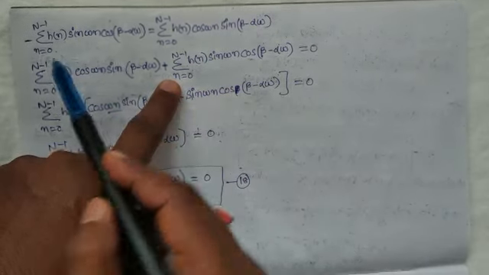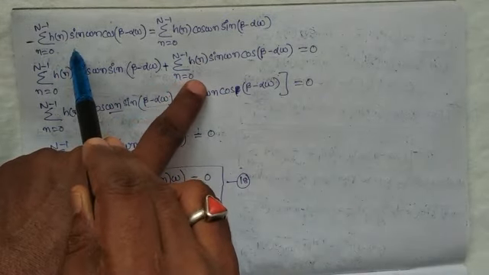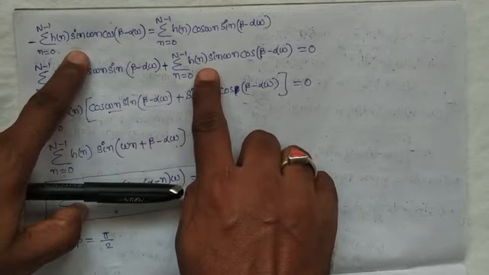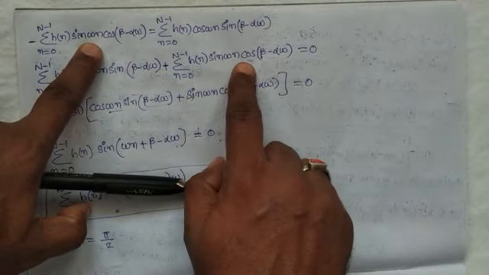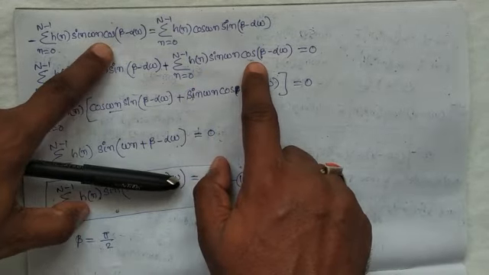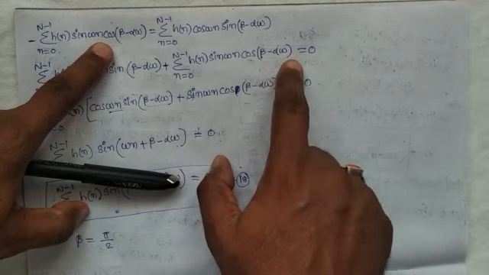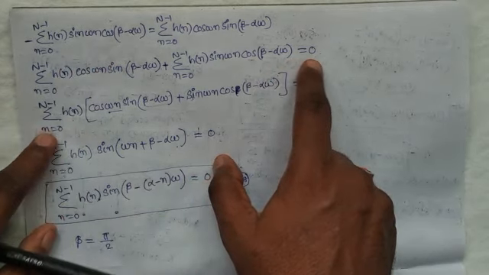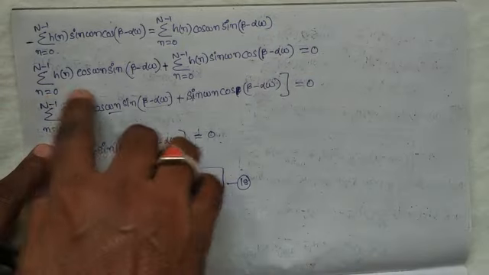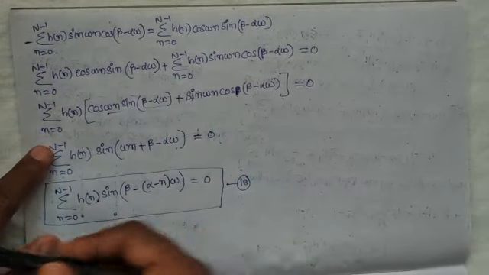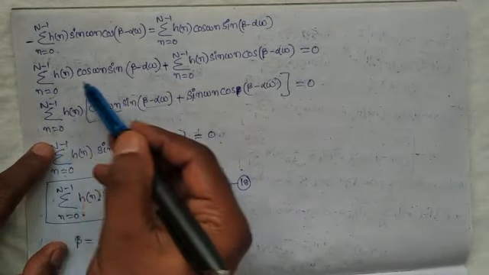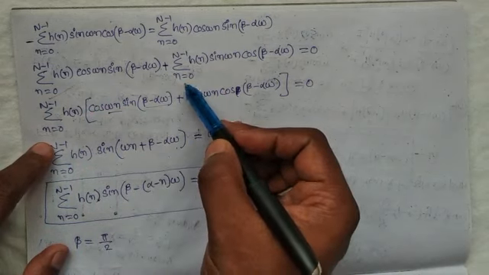So summation n equals 0 to capital N minus 1 h of n cos omega n into sin of beta minus alpha omega, plus summation n equals 0 to capital N minus 1 h of n into sin omega n cos of beta minus alpha omega, is equal to 0. In these two terms the common term is summation n equals 0 to capital N minus 1 h of n.